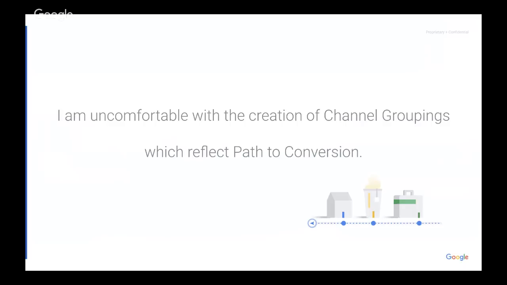Another option might be to look into Campaign Manager if you have access, to examine some of the reports in there, figure out what keywords are assisting, what keywords are converting more so, and then that might enable you to channel group your activity more appropriately.